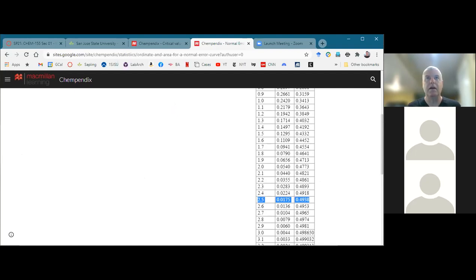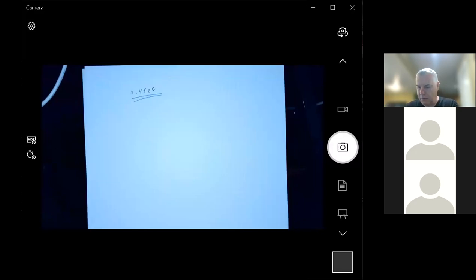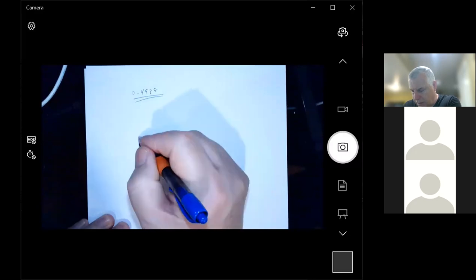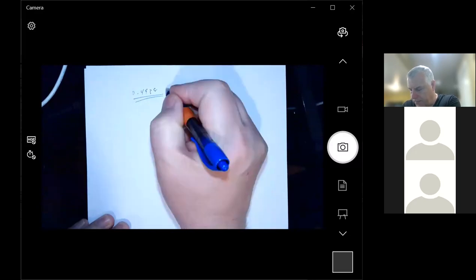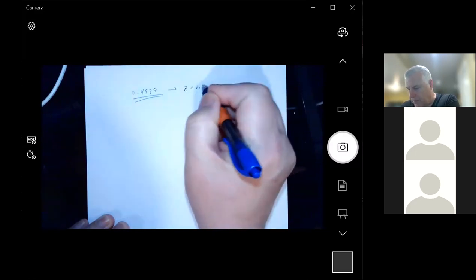So, sorry, this is kind of weird looking here, but the idea is that 0.493 of the area of the curve corresponds to this value of z equals 2.5, right?